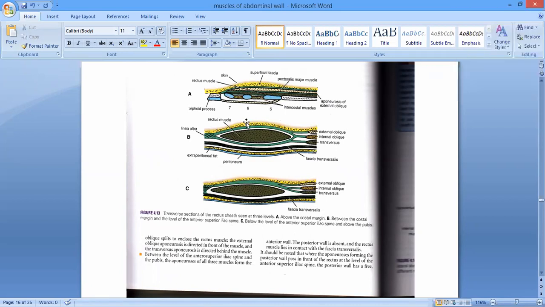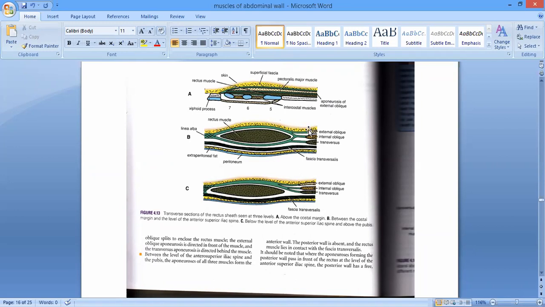Now, at the other place we are going to discuss, between the costal margin and the anterior superior iliac spine. ठीक है? Costal margin और anterior superior iliac spine के ऊपर we're just going to talk about it. And here you can see the anterior wall is formed by the external oblique aponeurosis, and here the internal oblique splits to enclose the superior and the inferior layer, and then the superior layer split layer of the internal oblique aponeurosis, right?